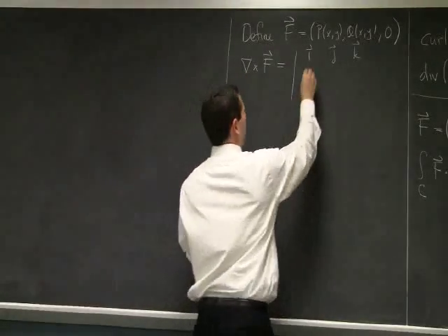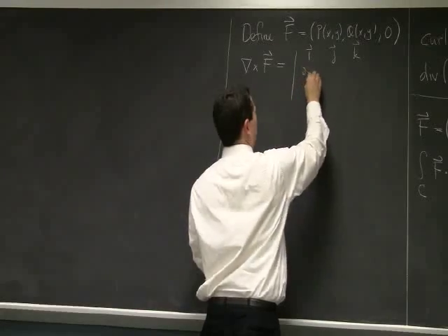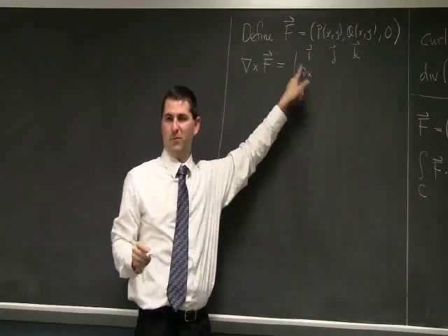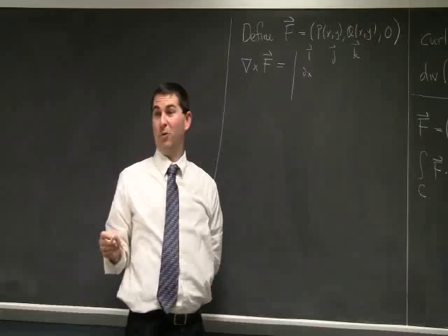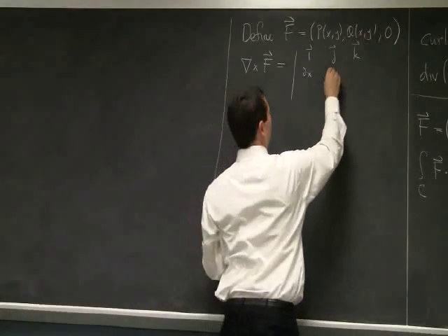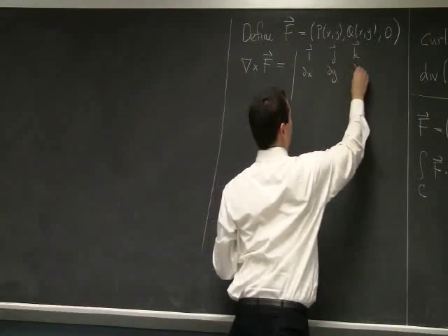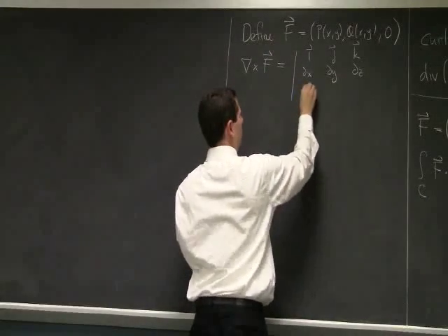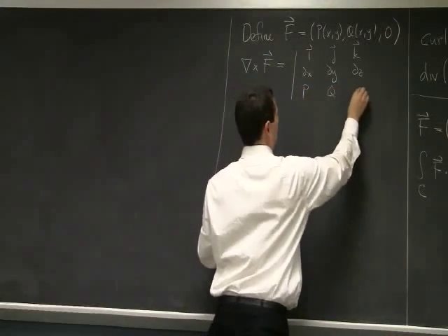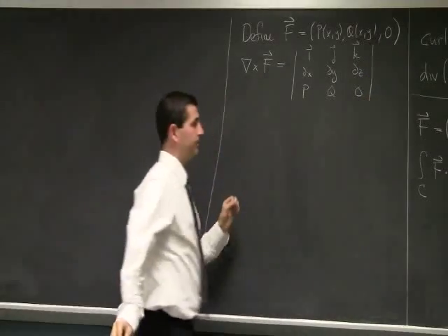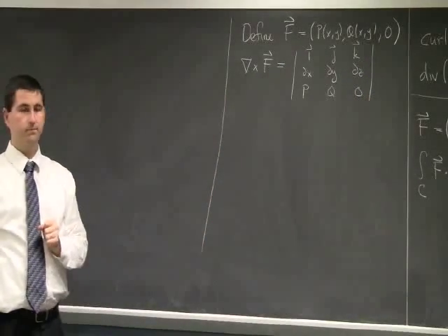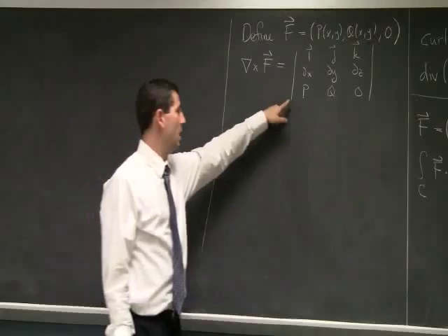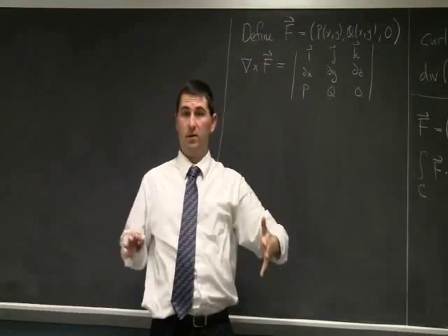I want to be lazy. I'm just going to write del x. This means take the partial derivative with respect to x. It's a little shorter, yeah? I'll write here del y and here del z. And then on the bottom I need to write F, which will be P, Q, and 0.